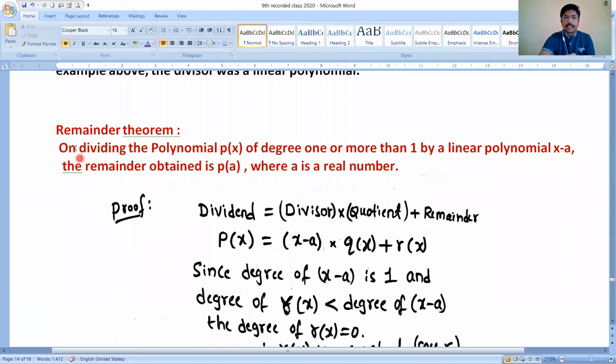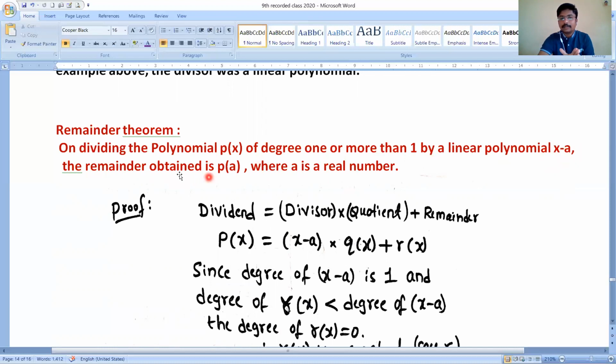Remainder theorem. On dividing a polynomial p of x of degree 1 or more than 1 by a linear polynomial x minus a, the remainder obtained is p of a, where a is a real number.